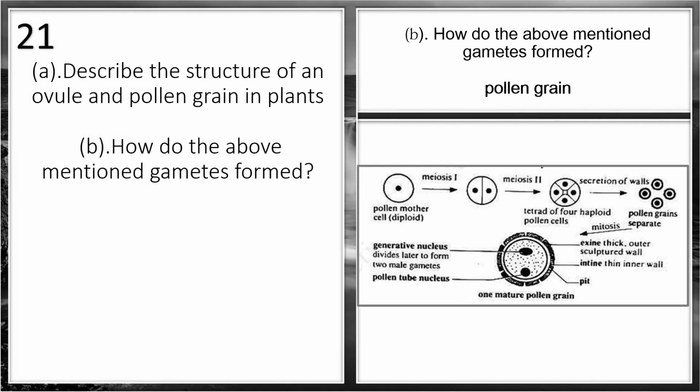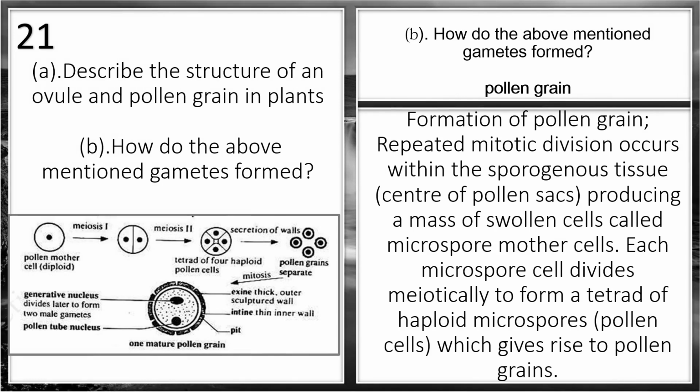Part B. We are still looking at how the above mentioned gametes are formed. Now we want to look at the pollen grain. Formation of the pollen grain: repeated mitotic division occurs within the sporogenous tissue, the center of the pollen sac, producing a mass of swollen cells called microspore mother cells.